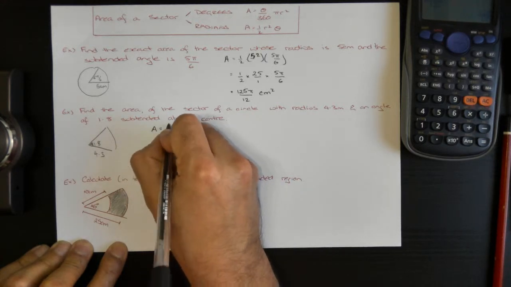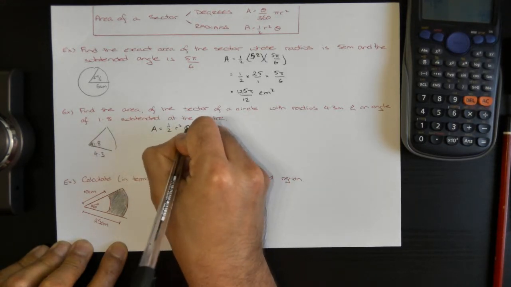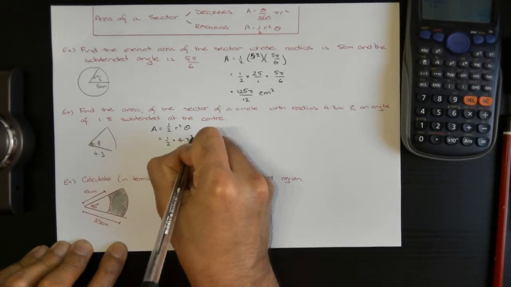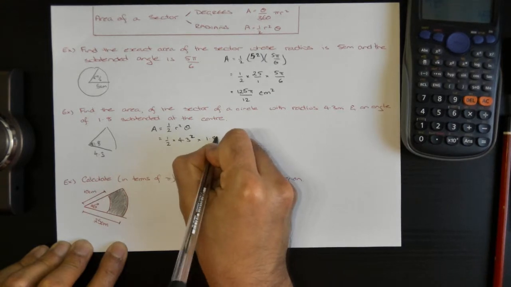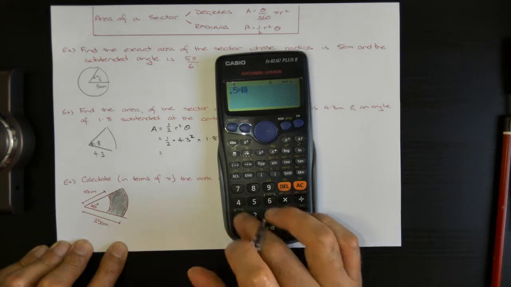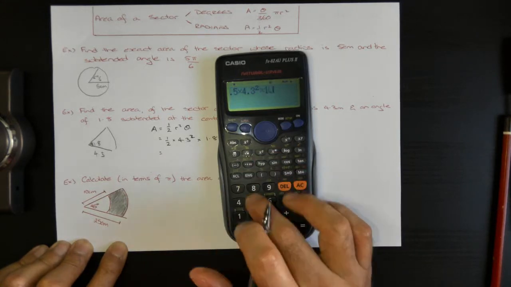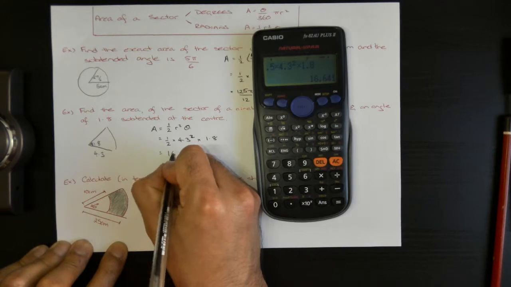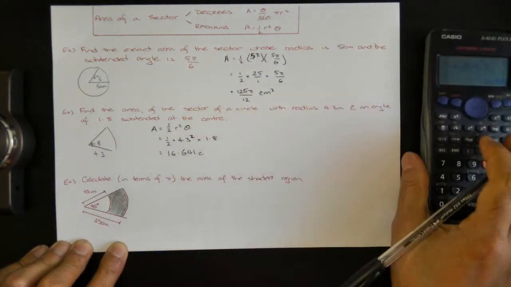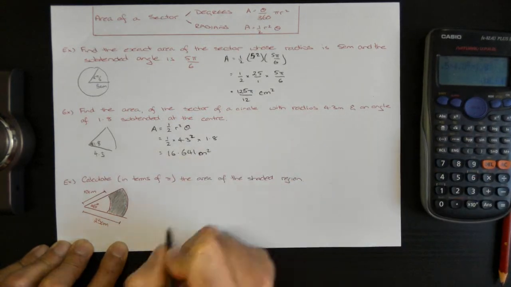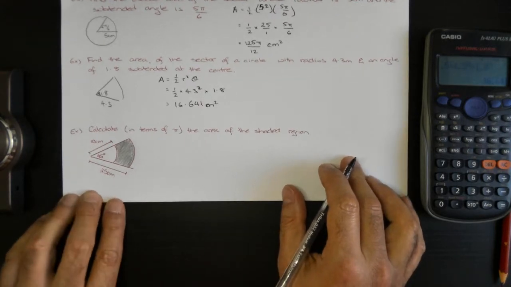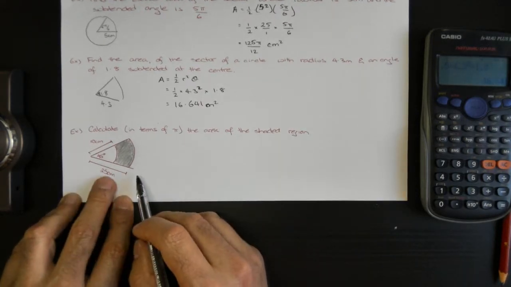So we're going to do a half r squared theta: a half times 4.3 squared times 1.8 radians. Use a calculator, 0.5 times 4.3 squared times 1.8. We get 16.641, and we're in centimeters squared.